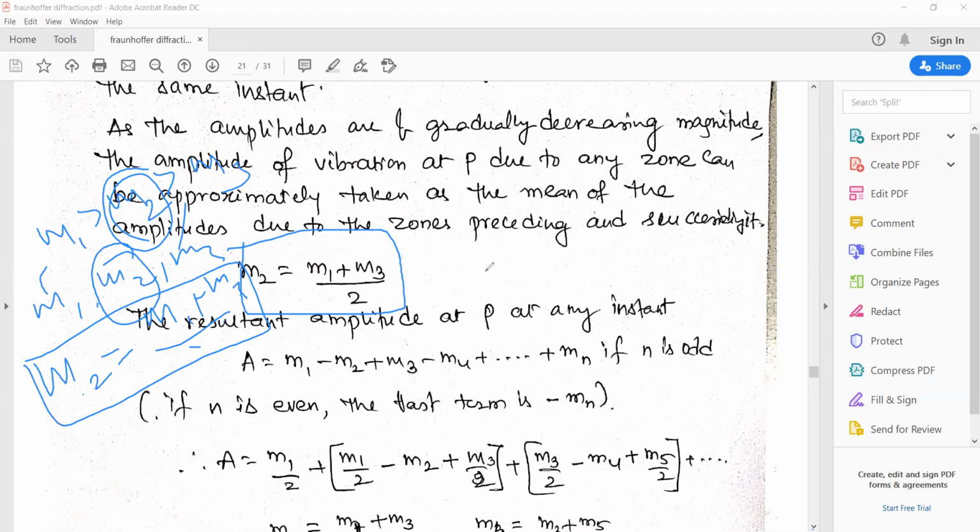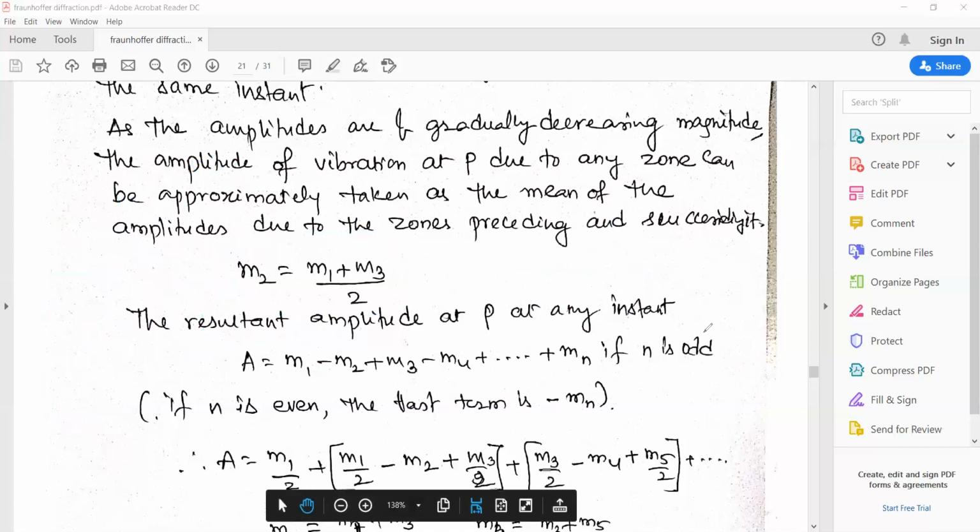Similarly, if I give you M3, M4, M5 and I want to find M4, then M4 is equal to M3 plus M5 by 2. So I will use those steps in the next one.